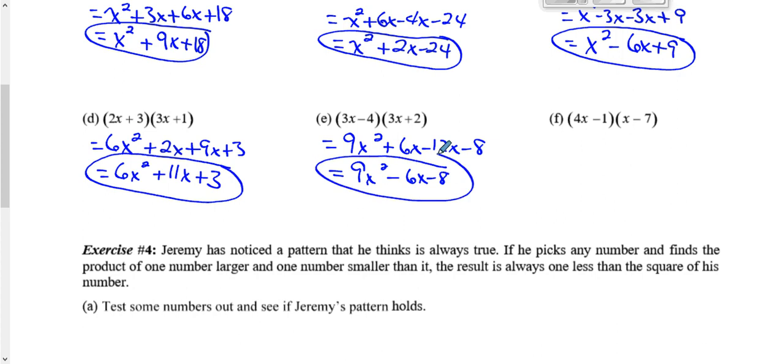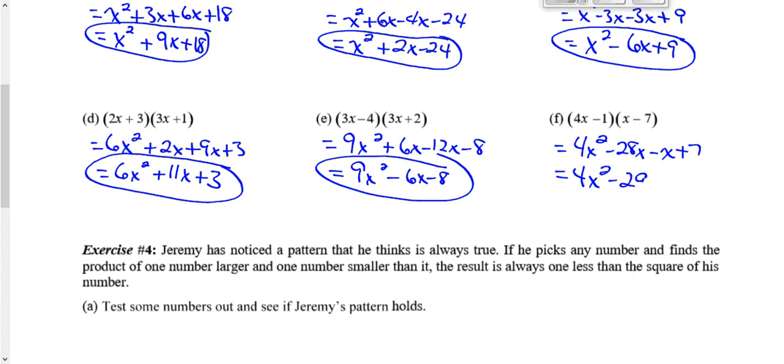And how about for F? 4x squared minus 28x, plus 7. So you distribute the 4x, you get 4x squared minus 28x. Distribute the negative 1, not the 1, the negative 1. Minus x, 1x, right? Plus 7.